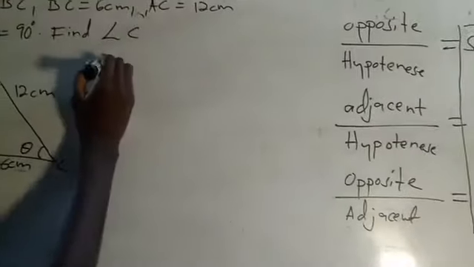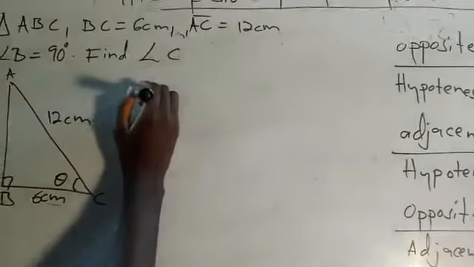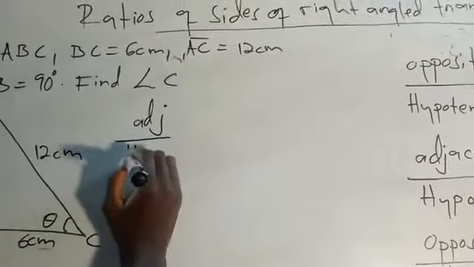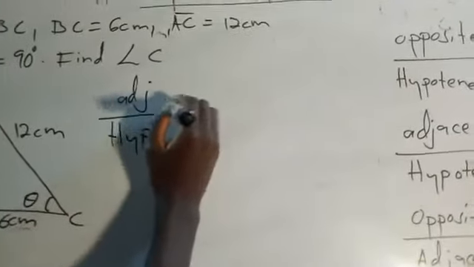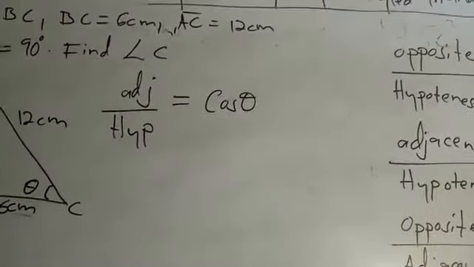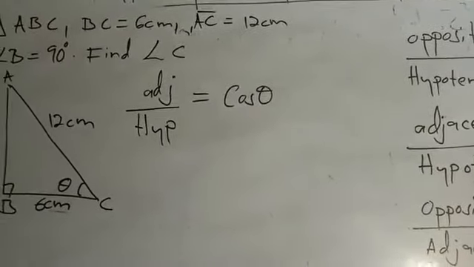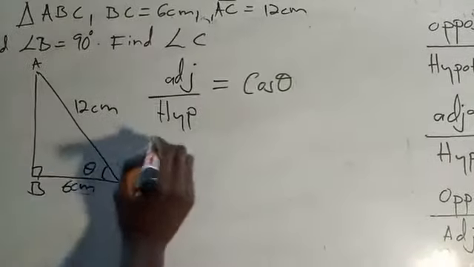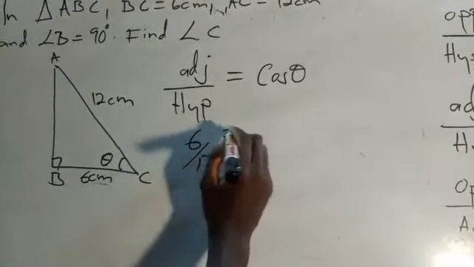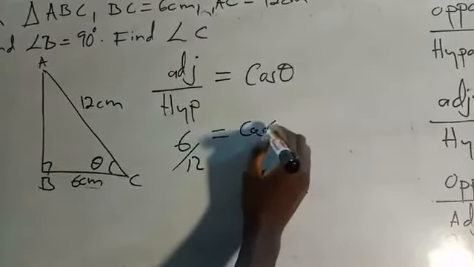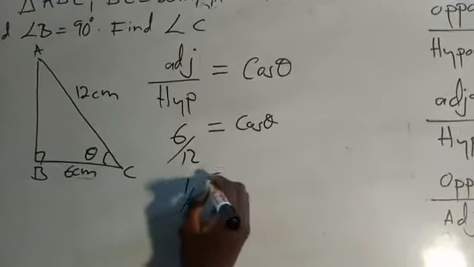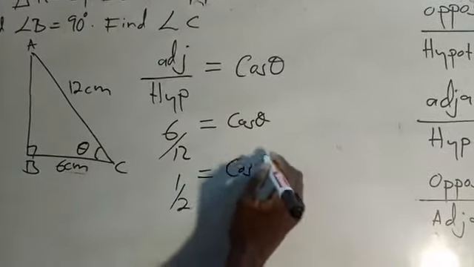So we shall bring it here, adjacent over hypotenuse equal to cos theta. So let's try to substitute. 6 over 12 equaling to cos theta. We shall get a half here equaling to cos theta.